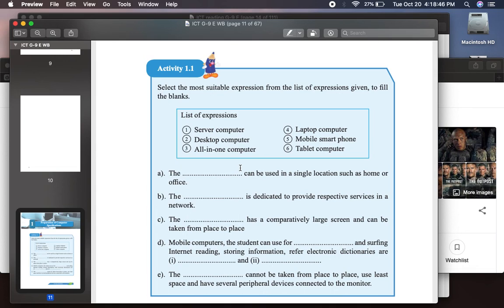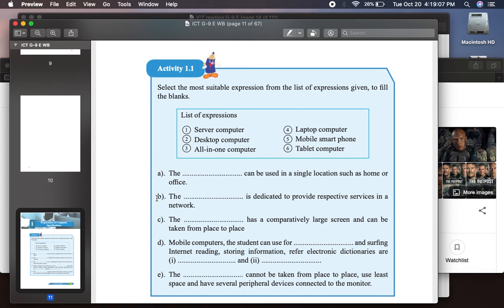I mean, they might be providing some kind of home-based service using a server computer to their customers. But all of these 3 expressions can be used at an office.